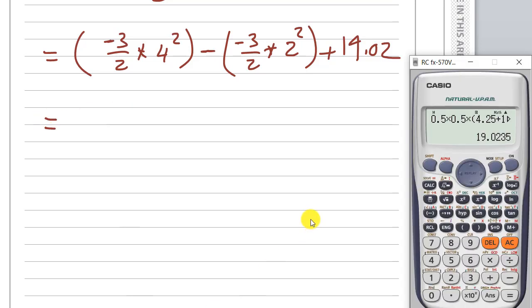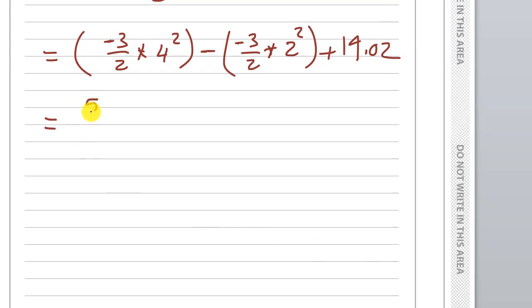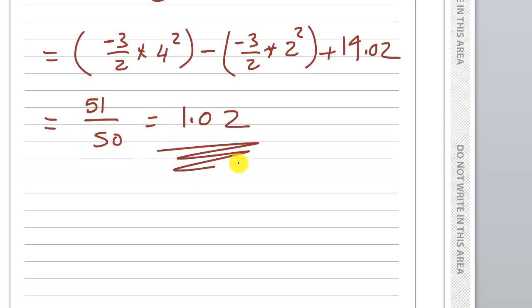So let us bring our calculator. 19.02 plus, now it will be minus 3 divided by 2 multiplied by 4 squared minus 3 divided by 2 multiplied by 4. So 51 divided by 50, which is 1.02. And this is the answer of this question.